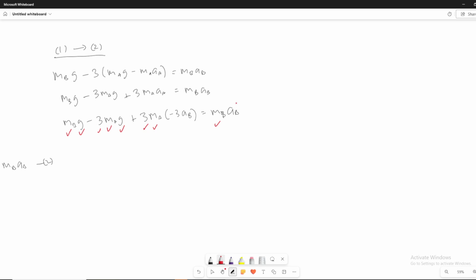We bring this to the right side, and we get MBG minus 3MAG equals MBAB plus 9MAAB.